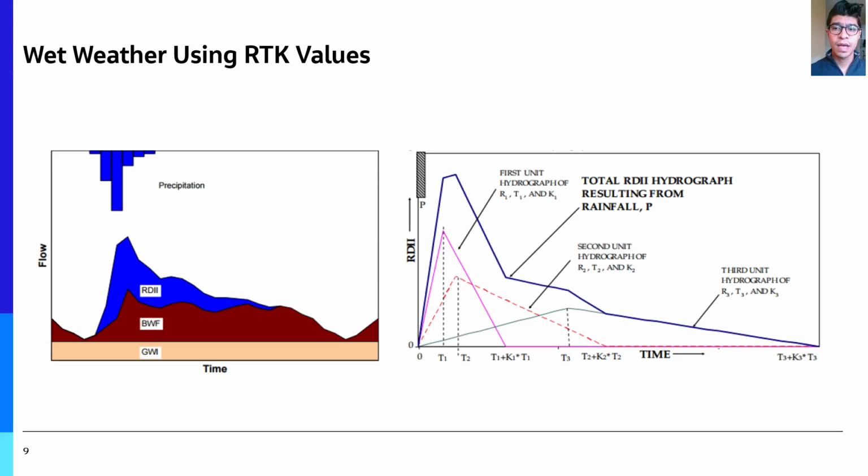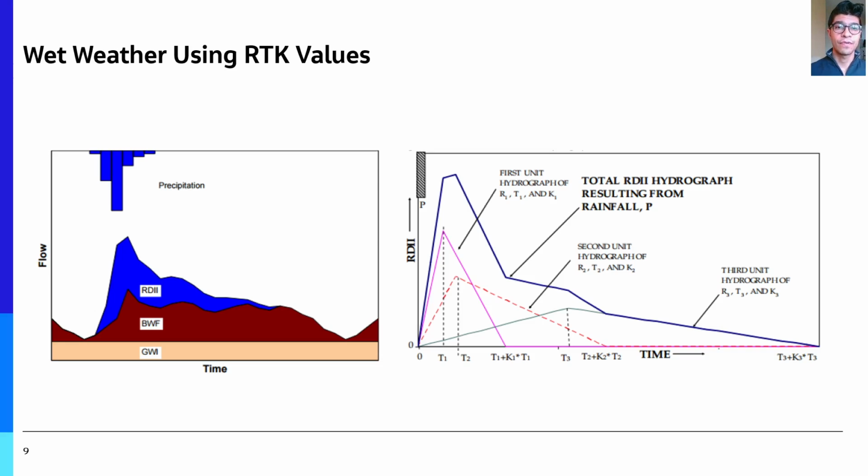Now, that RDII, the blue part, that is going to be the blue solid line on the right-hand side also, is mimicked or simulated by 3 sets of RTK parameters.